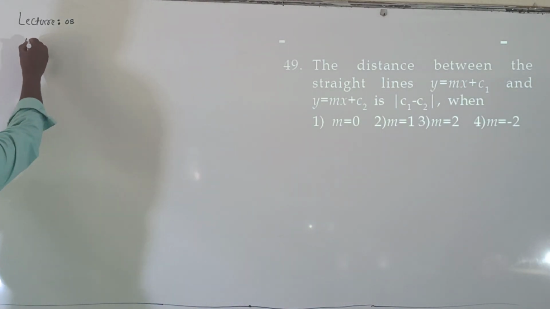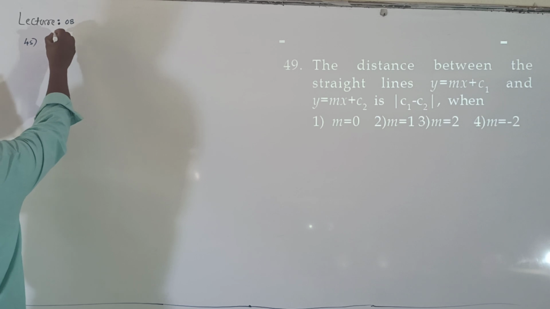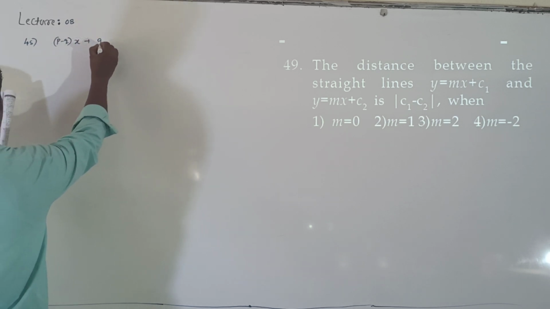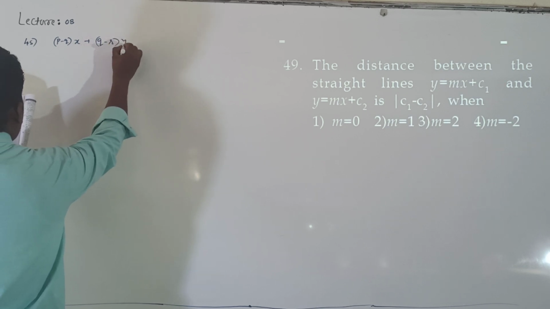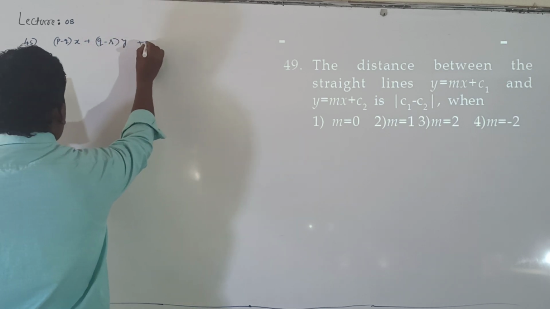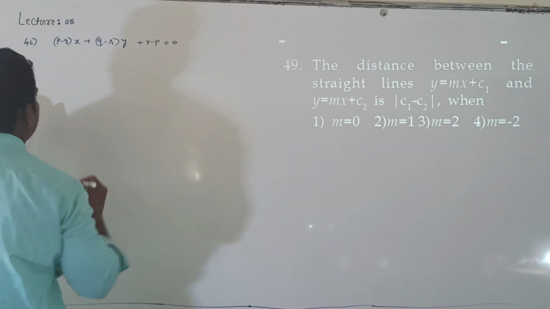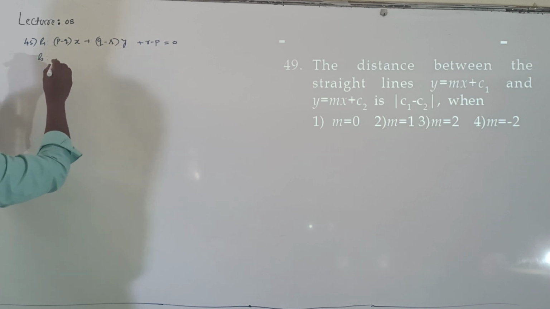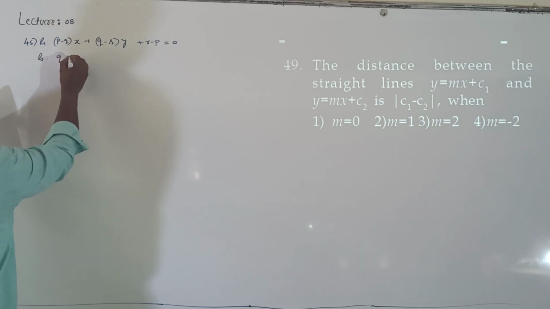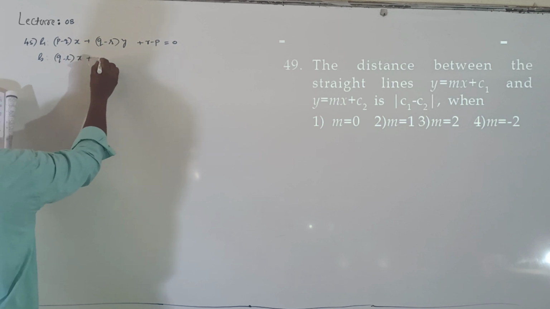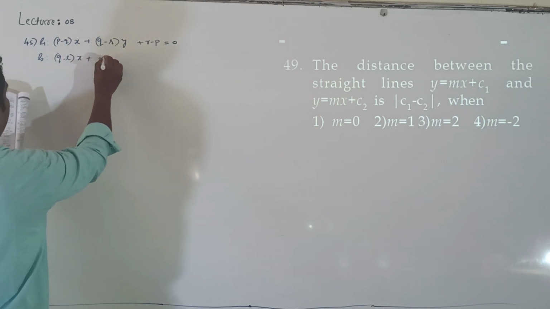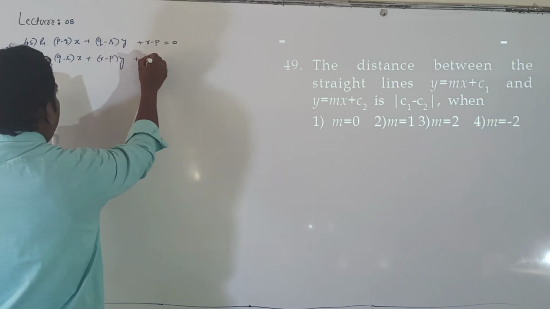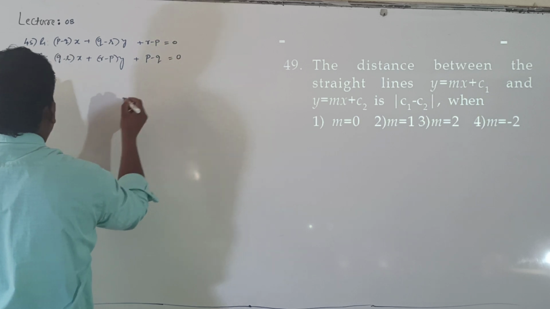If three lines are given: (p minus q) into x plus (q minus r) into y plus (r minus p) equal to 0 is line 1, and line 2 is (q minus r) into x plus (r minus p) into y plus (p minus q) is equal to 0.